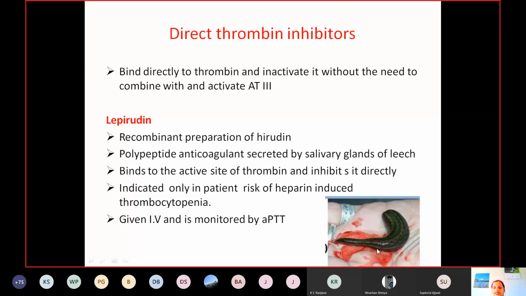So in this we have these drugs, lepirudin. What is this creature? Do you know? In the figure? Leech. Okay, have you ever experienced being stung by a leech? Yes, ma'am. So how did you experience that time? Was there bleeding or no bleeding, or clotting immediately after the bite by this leech?